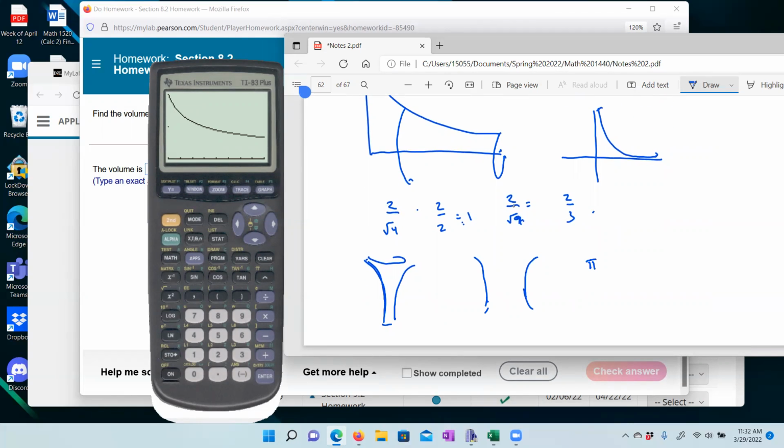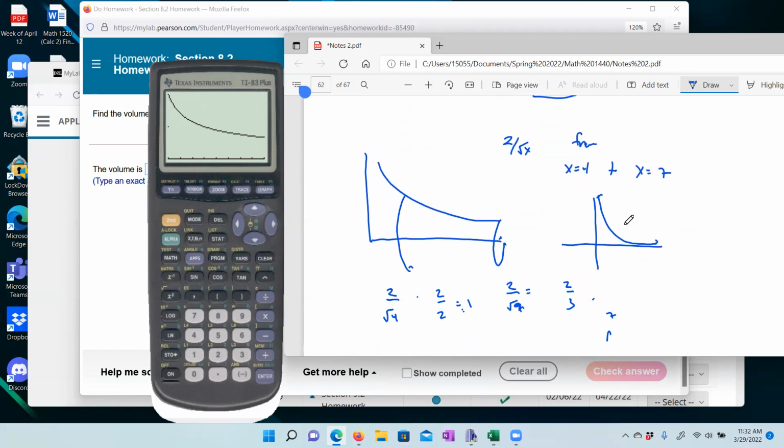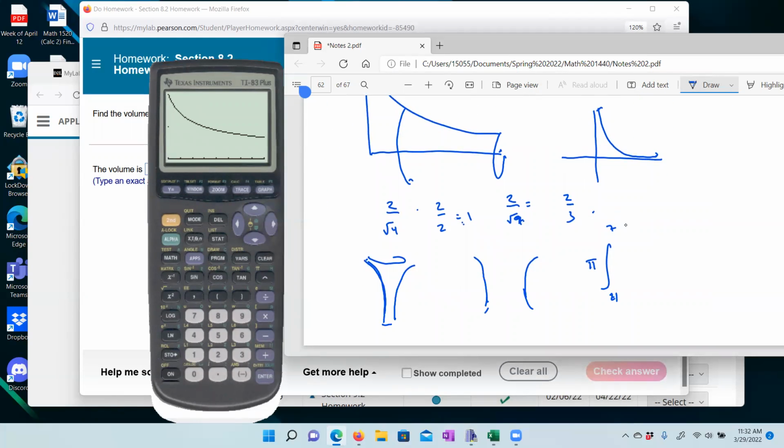So this is a pi. Where are we going from? We're going from 4 to 7, aren't we? 4 to 7, that came out of the problem. And then we have 2 over the square root of x, squared. You have to memorize that, the radius squared, times we're going to be adding up all of these tiny little disks.